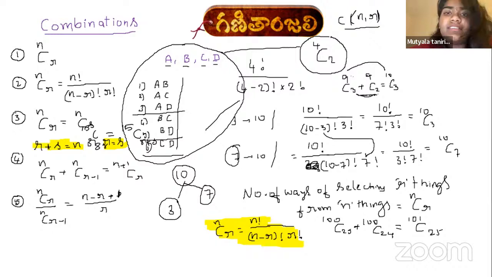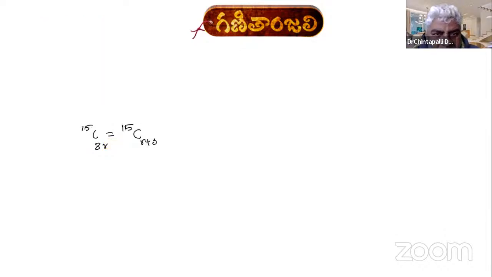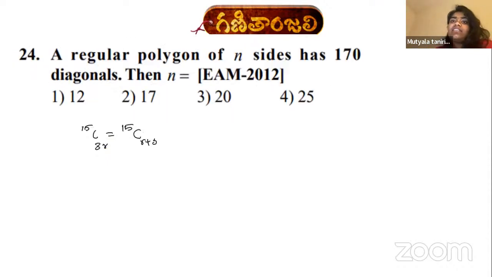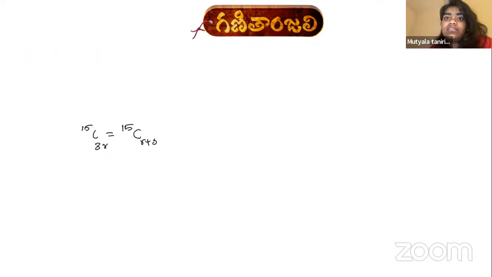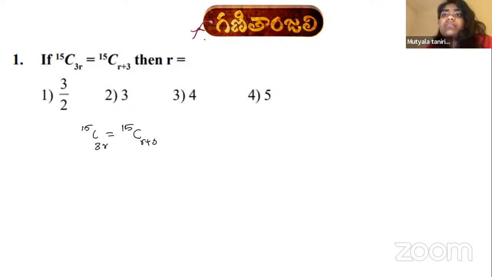What does the third formula say? nCr equals nCs.